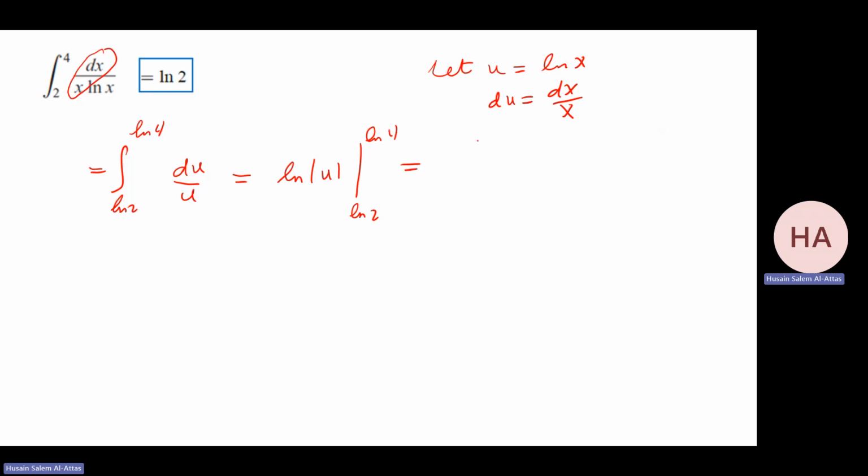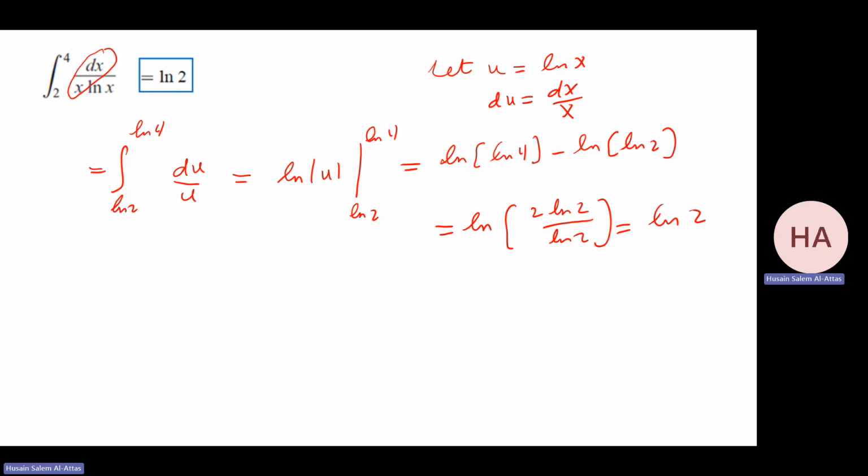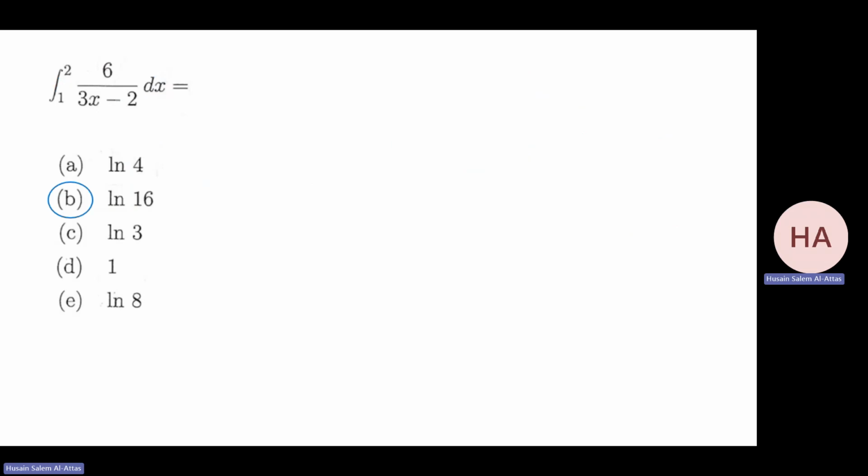That gives me ln of ln 4 minus ln of ln 2. ln 4 is 2 ln 2, over ln 2. So the answer is ln 2. And I used the properties of logarithmic functions.